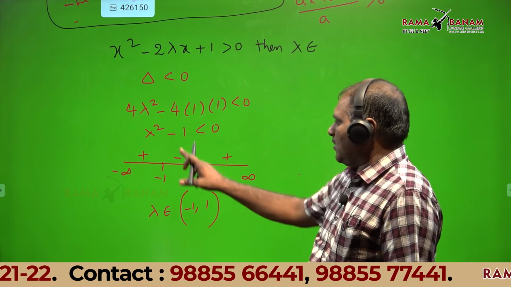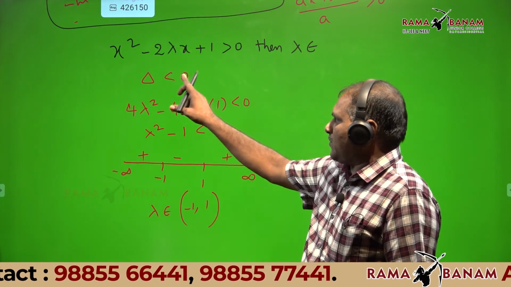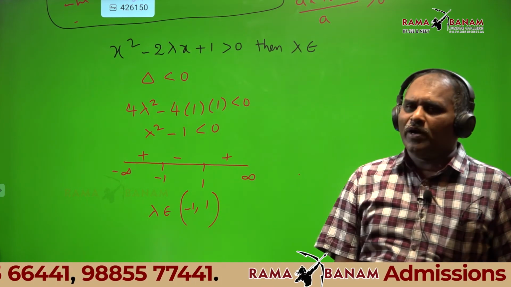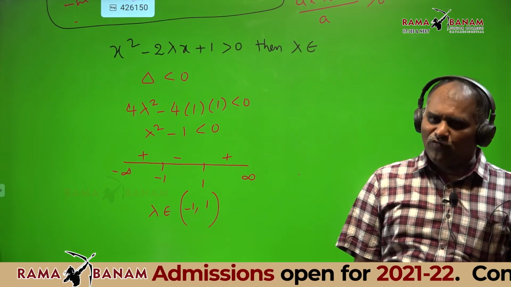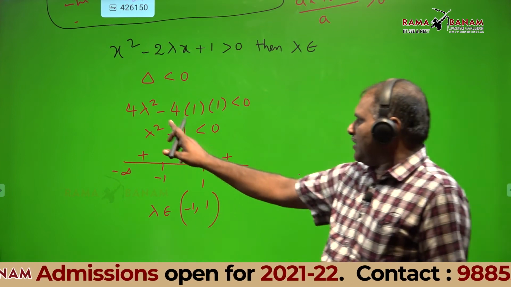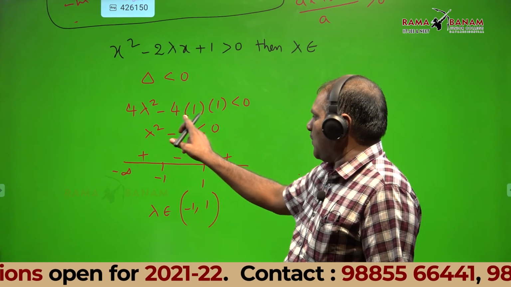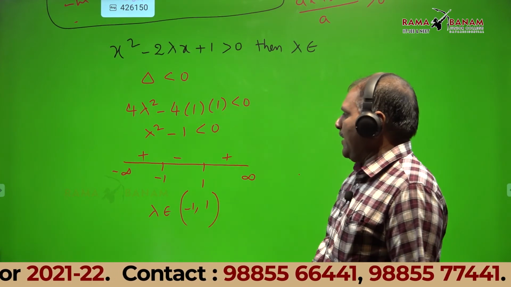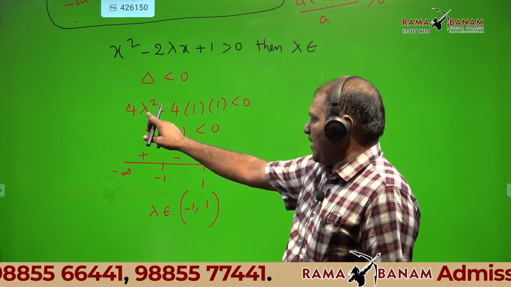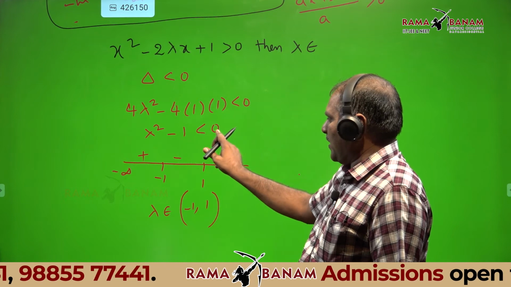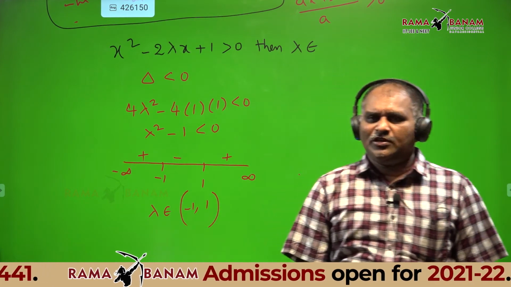Here observe, discriminant less than 0. What is the discriminant formula? B square minus 4ac. Here 4 is common, bring it to the other side: 0 by 4 is equal to 0. Remaining lambda square minus 1 less than 0.